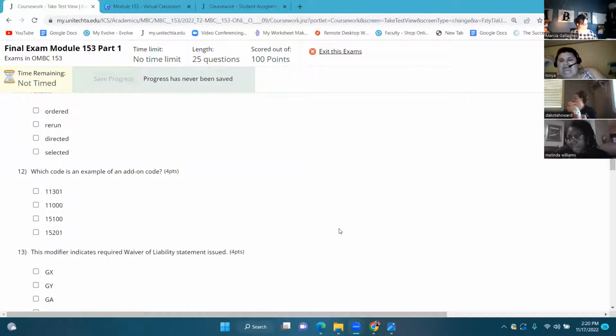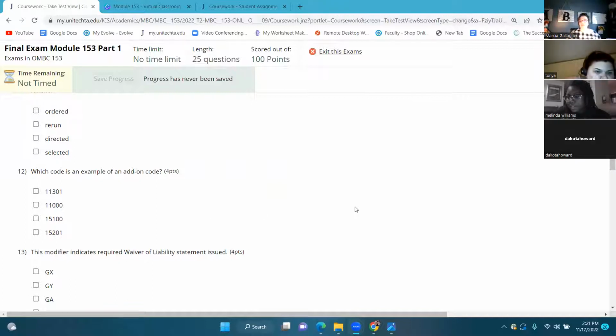All right, so let's move to number 12. Which code is an example of an add-on code? I'm going to give you the answer so you don't have to go in your CPT and look, but how do you know a code is an add-on code?